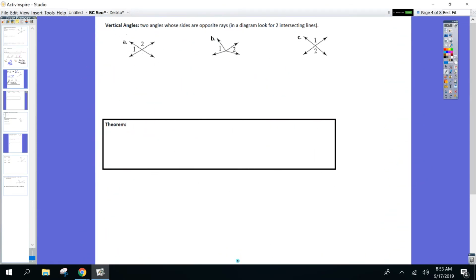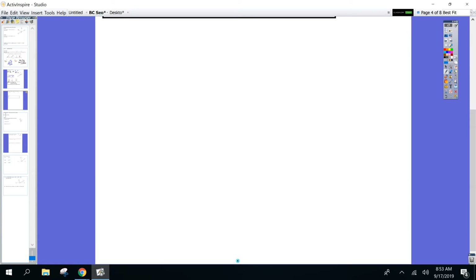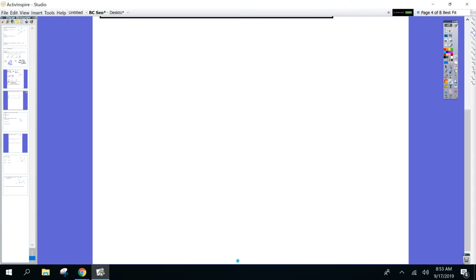Vertical angles. I think you've been exposed to this a little bit. Vertical angles, verts as I call them. Before I even get to those diagrams, vertical angles are formed by two intersecting lines. You don't need to copy any of this down. When I do two intersecting lines, how many angles do I form? 4 of them, correct.